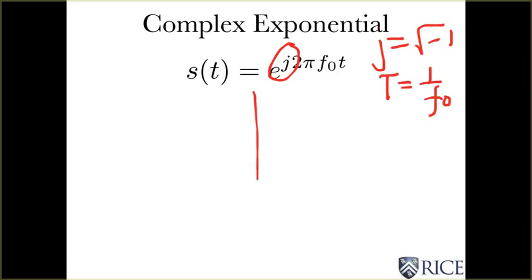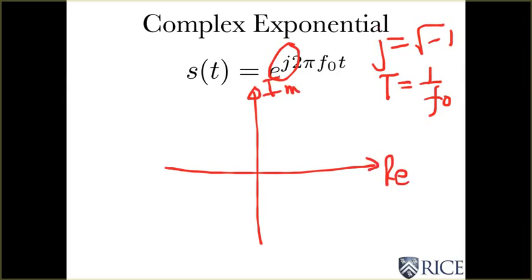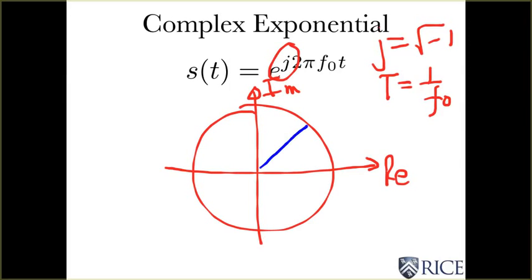Now you can plot this in the complex plane. So this is the real part. This is the imaginary part. And it turns out that it goes around in a circle. The angle at any one time is 2 pi f naught t, whatever time is.